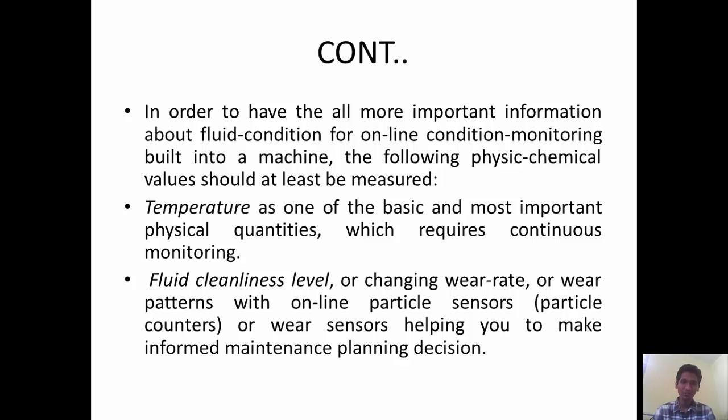First, temperature, one of the basic and most important physical quantities that requires continuous monitoring. The temperature is the most important thing required in the control. Secondly, fluid contamination level for wear pattern, with an online particle sensor or wear sensor helping you make informed maintenance planning.